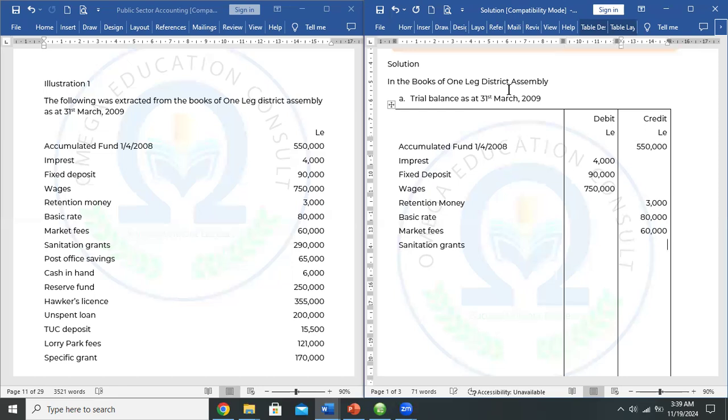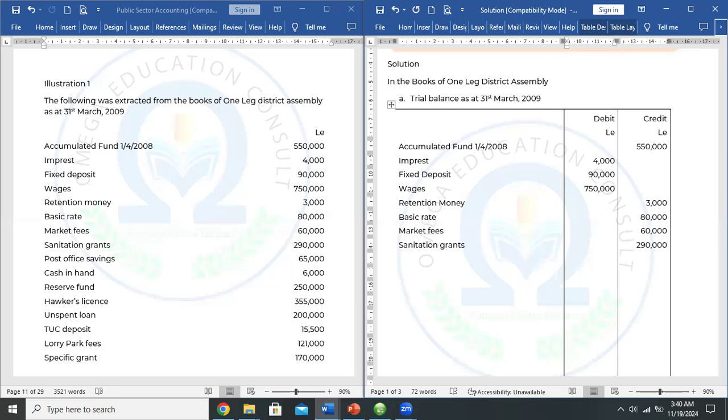Okay, so to the district assembly, this is a form of a receipt or an income they are receiving from the central government. Okay, and so this income is going to have a credit balance. As a matter of fact, all grants are receipts considered as income to the government or its agency. So take note of that.